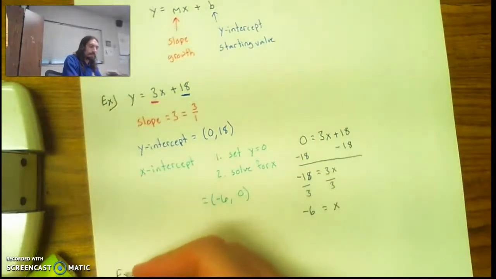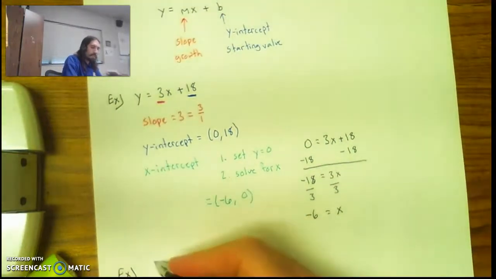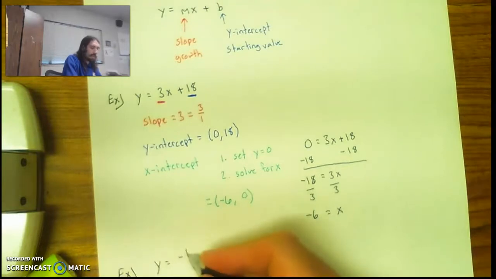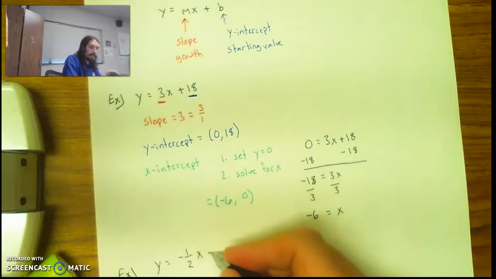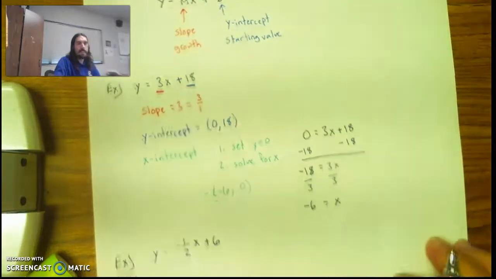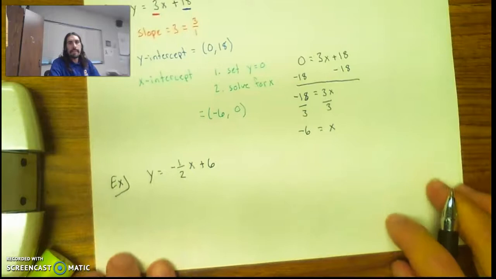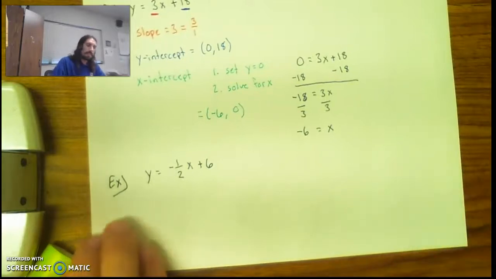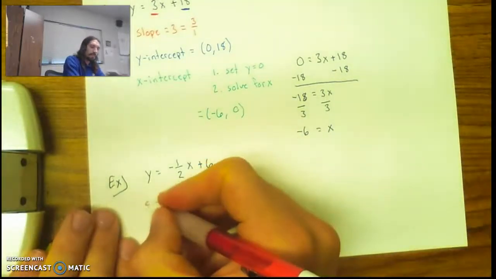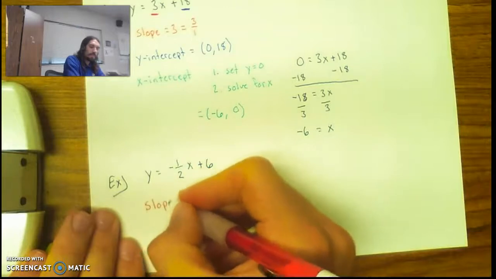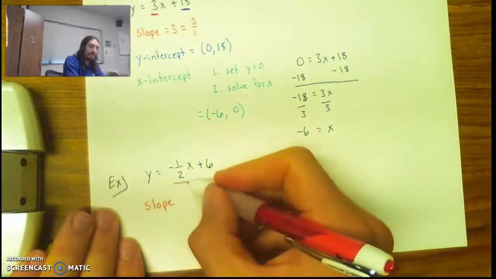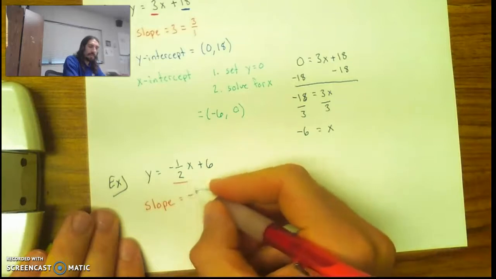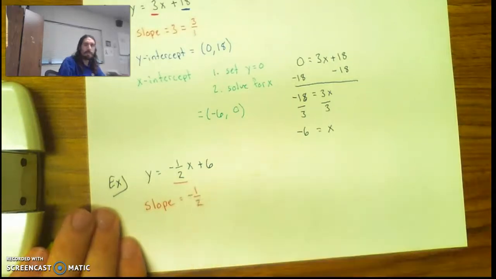Second example. Let's go y equals -1/2 x plus 6. Okay. Same idea. My slope is the number in front of x, so it will be the entire -1/2.